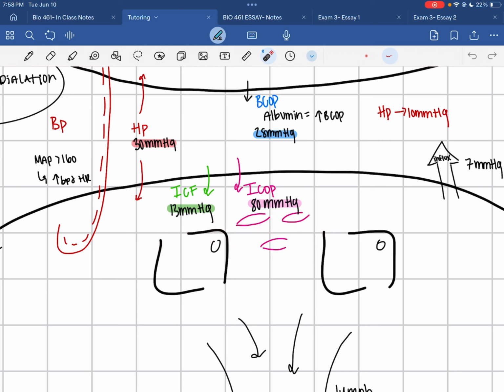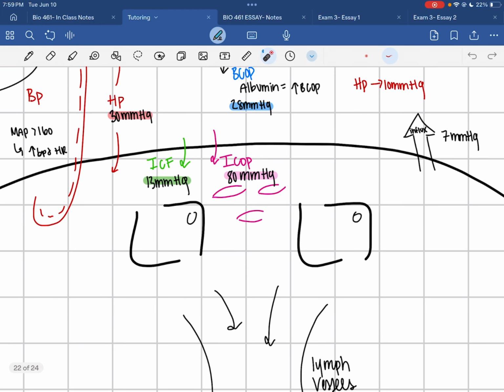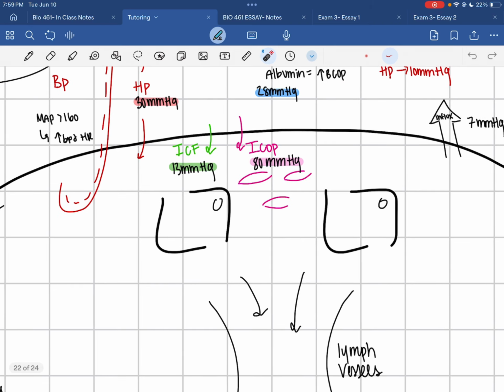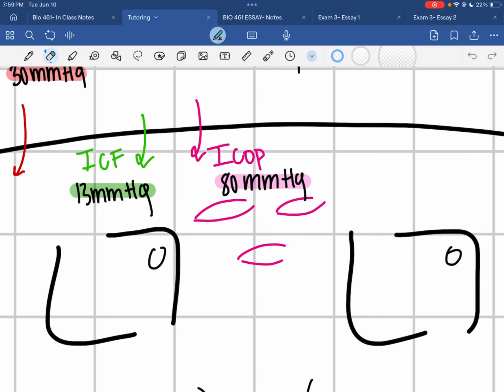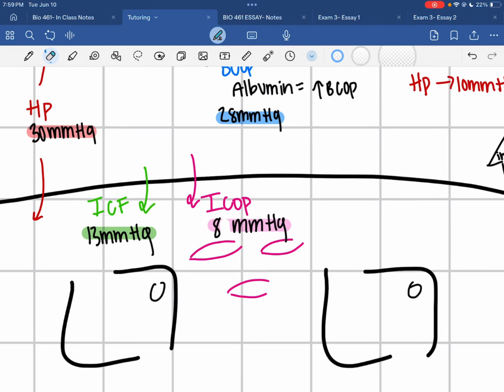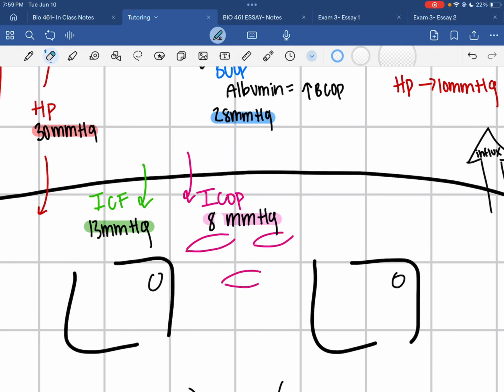And the function in the capillary exchange is to move fluid into the capillary because of the high concentration of albumin, which rests at like 28 millimeters of mercury. And we have our interstitial colloid osmotic pressure, which is showing us that there's no solutes in the capillary. So the osmotic gradient would be around 8 millimeters of mercury.